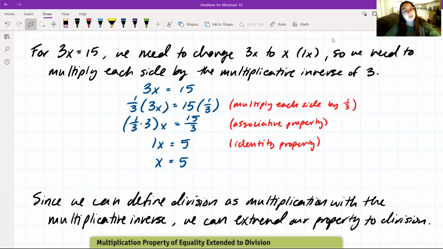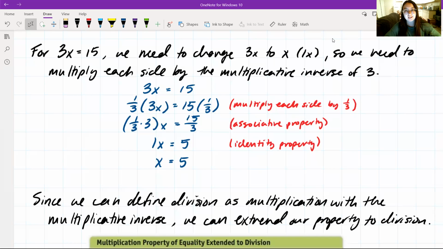This is using our associative property. So when we multiply by our multiplicative inverse, when we multiply 1/3 and 3, we end up getting 1 times x, which is equal to 5, 15 divided by 3. Then 1x, that's using our identity property, so we get that x is just equal to 5.